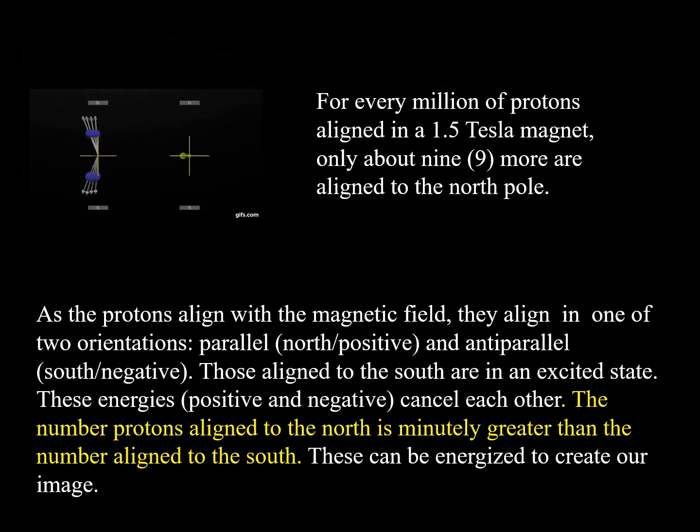As the protons align with the magnetic field, they align in one of two orientations: parallel, north positive, and anti-parallel, south negative. In a 1.5 Tesla magnet, there might be 9 protons more aligned to the low energy field than there is to the high energy field for every million protons. These can be energized to create our image.